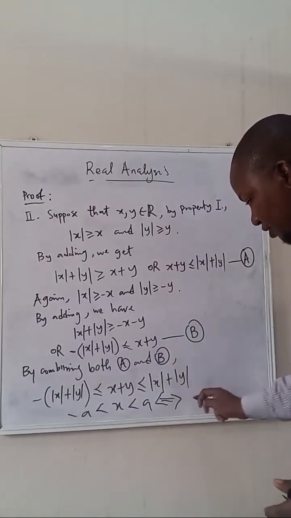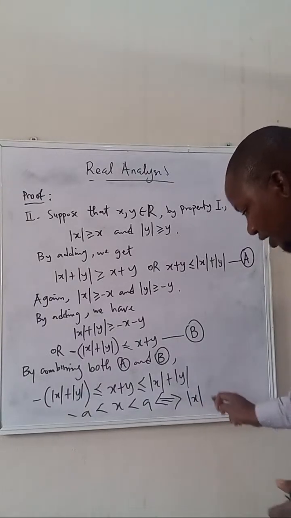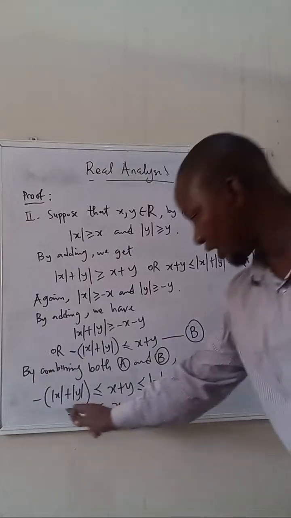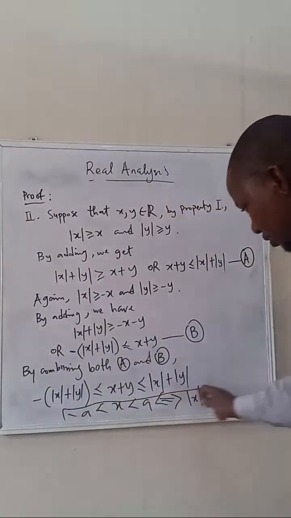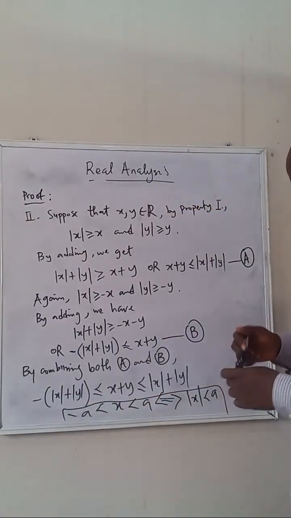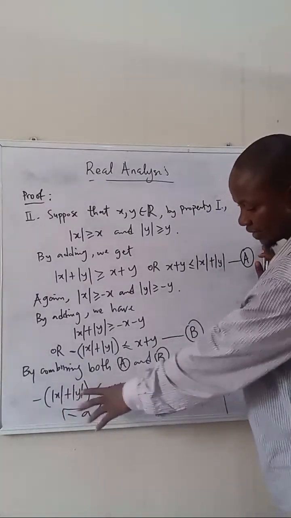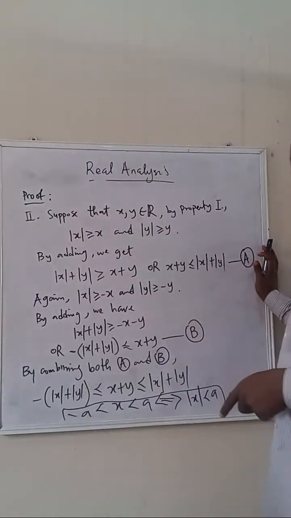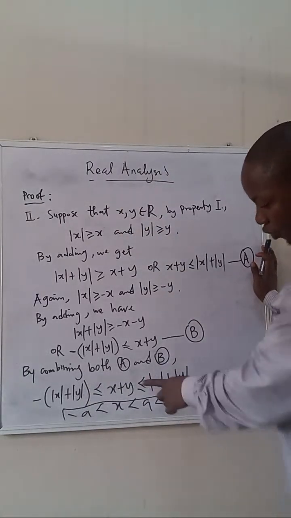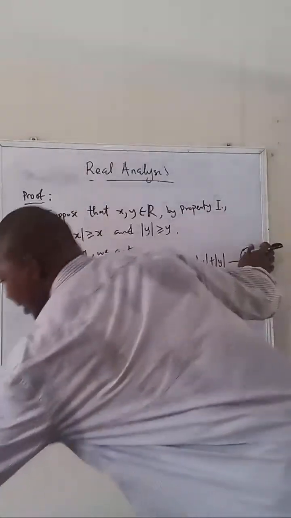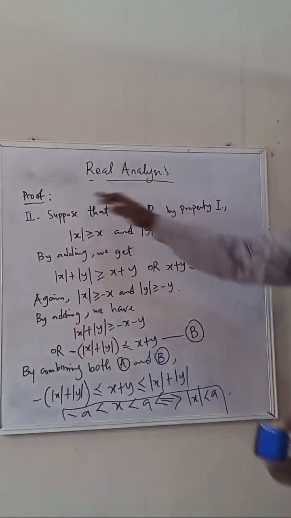We said this gives absolute value of x is less than a. Okay, that was the last example we considered. So it means we can also decide to take this back to the other form to have something of this nature. So let's see that. I'll be writing that up here.